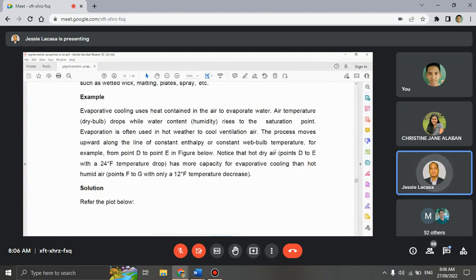So notice that the hot, dry air points D to E with a temperature drop has more capacity to evaporative cooling than hot, humid air.